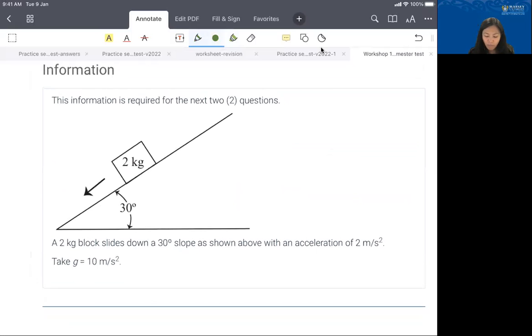So you have here a block that slides down an inclined plane. The block is 2 kilograms and the slope of the plane is 30 degrees. The acceleration is 2 meters per second squared. And for simplicity, we tell you to use g equals 10 meters per second squared instead of 9.8.